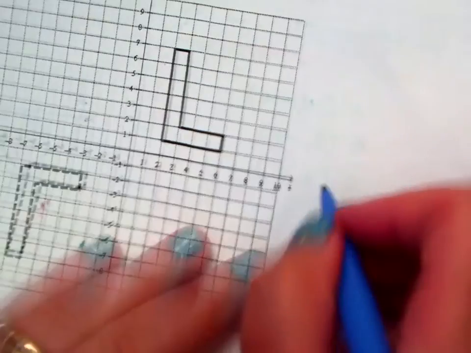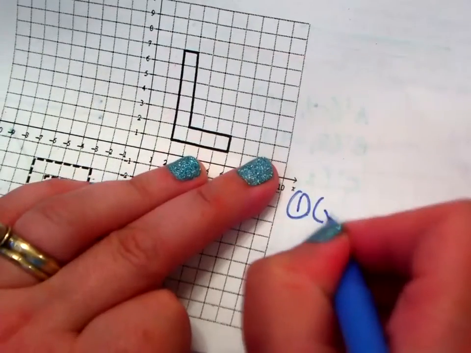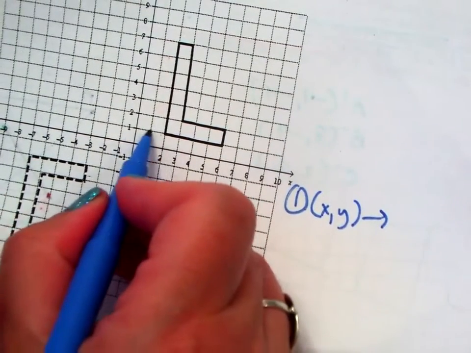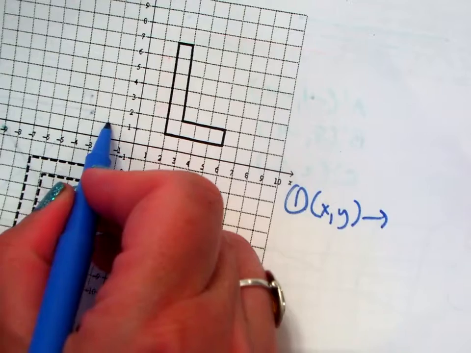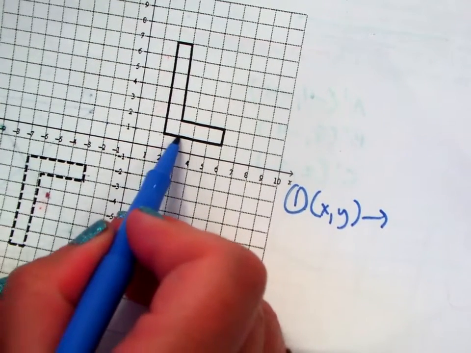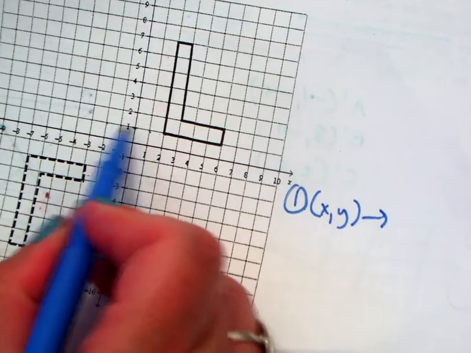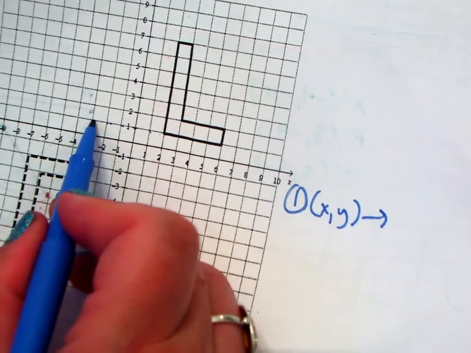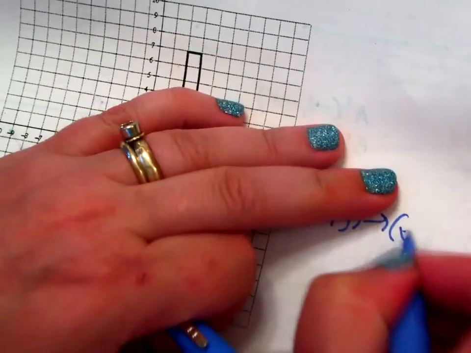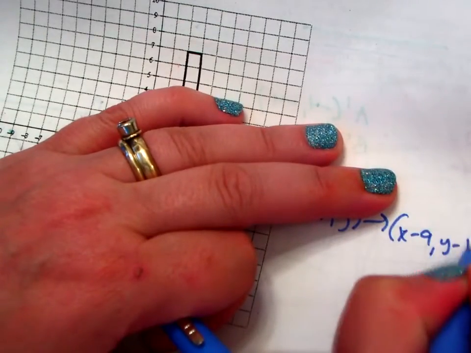My first step is x, y goes to, so I'm going to move it over 1, 2, 3, 4, actually here I want this piece, 1, 2, 3, 4, 5, 6, 7, 8, 9, over 9 and down 1. So I'm going to do x minus 9 and y minus 1.